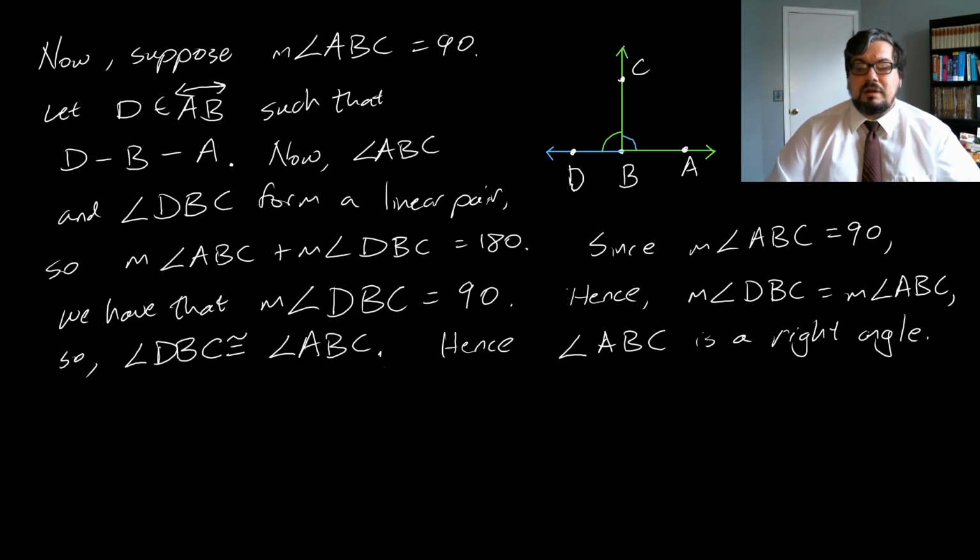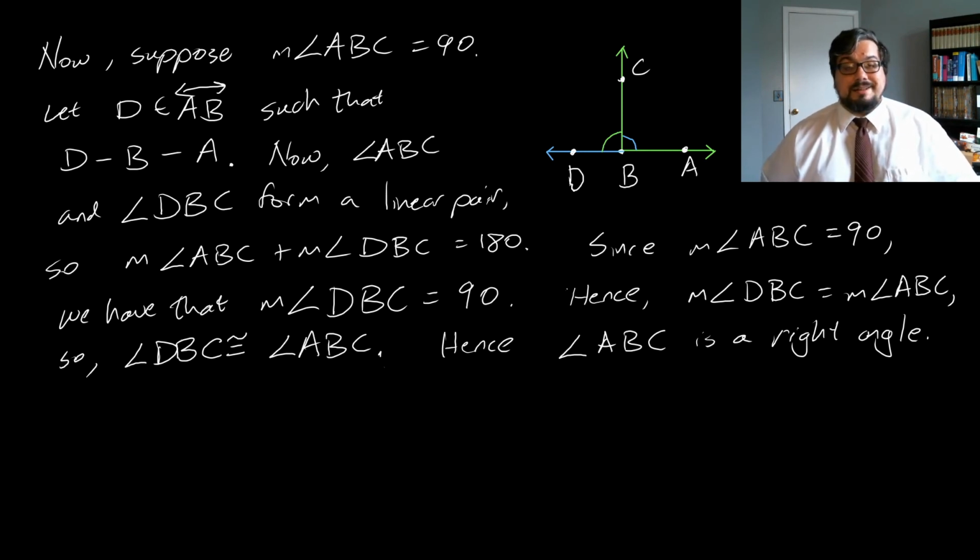We have to make sure as we prove this statement that we're always referring back to the definition of what a right angle is. The original definition of a right angle for us is an angle that is congruent to another angle it makes a linear pair with. Now, the theorem, Theorem 35 that we have now, means that we have an alternative description of what a right angle is. We now know that a right angle is exactly an angle with measure 90. But we didn't define it that way.